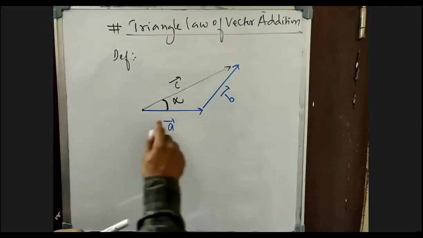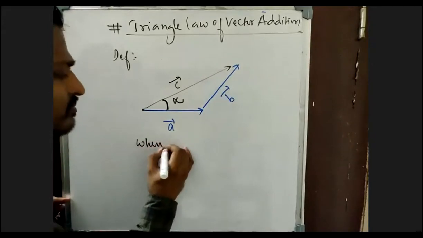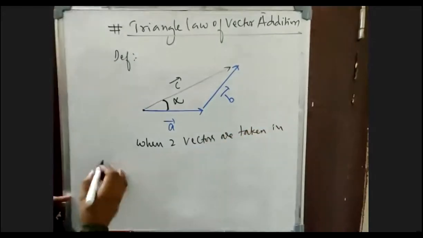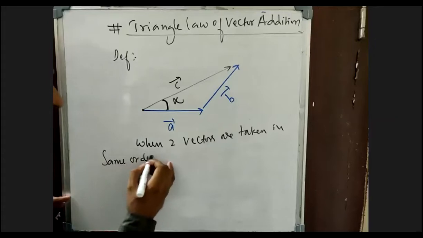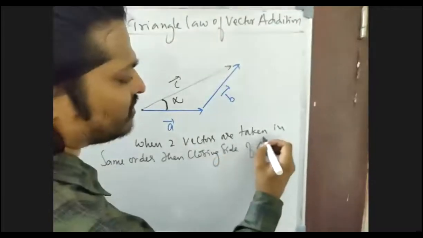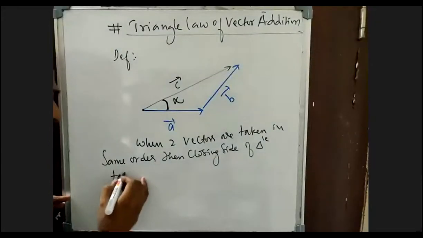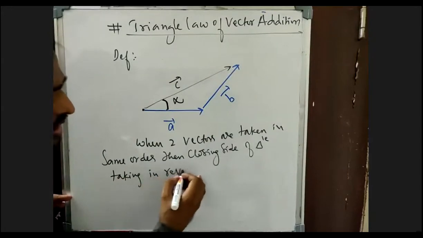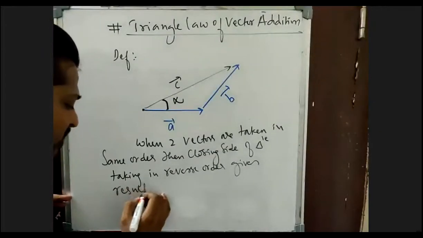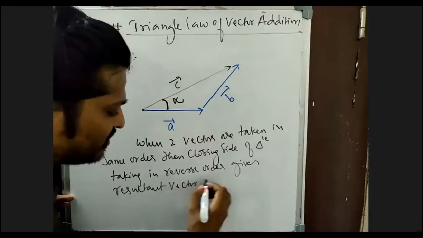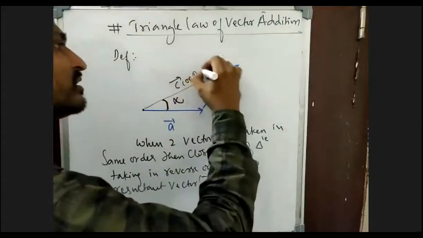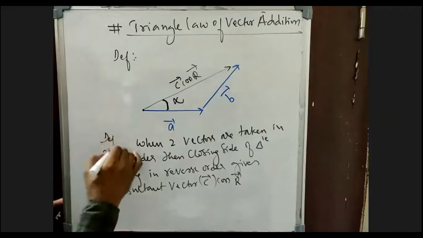It says that when two vectors are taken in the same order, then the closing side of the triangle taken in reverse order gives you the resultant vector C bar, or sometimes in some books it is represented by R bar. Anything is fine. So this is the basic definition of your triangle law.